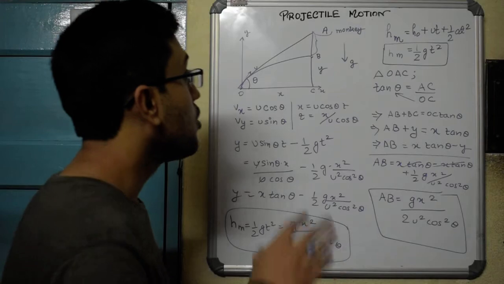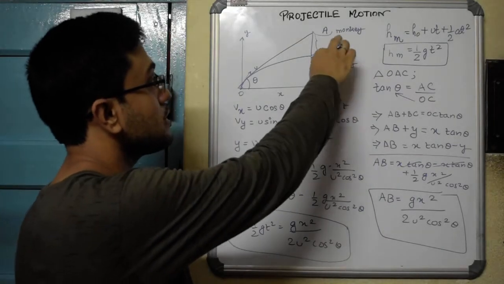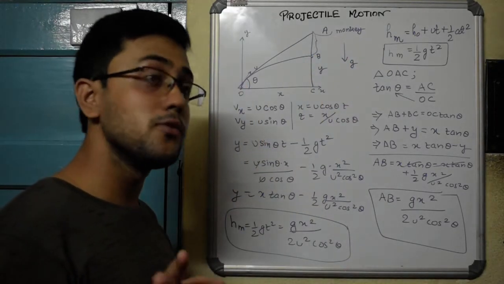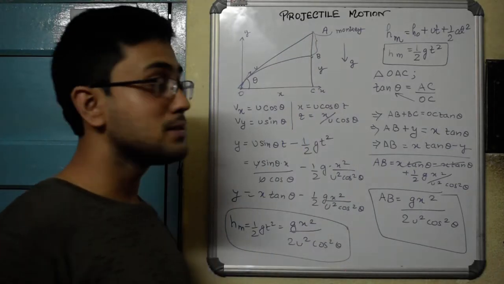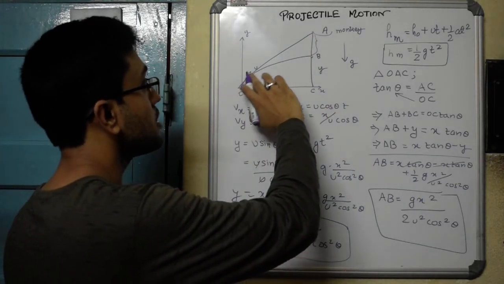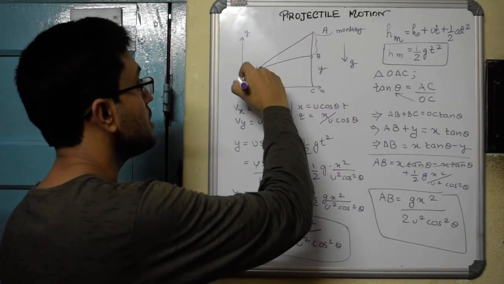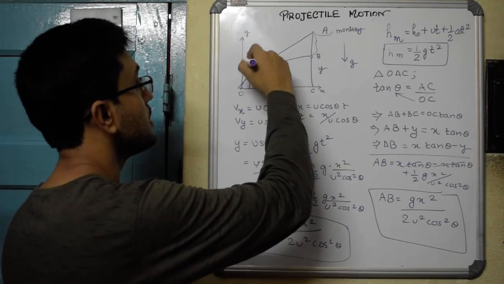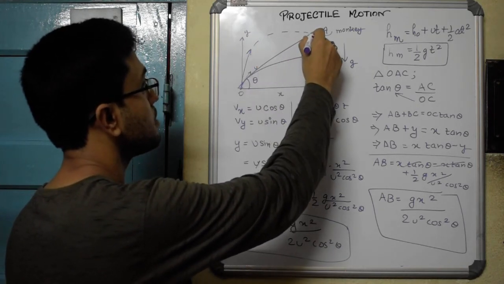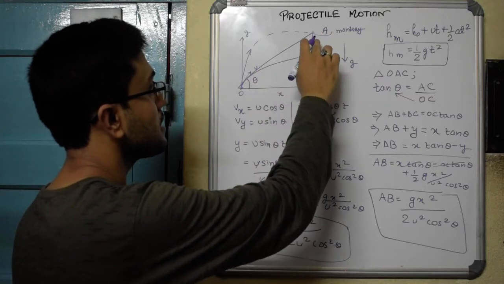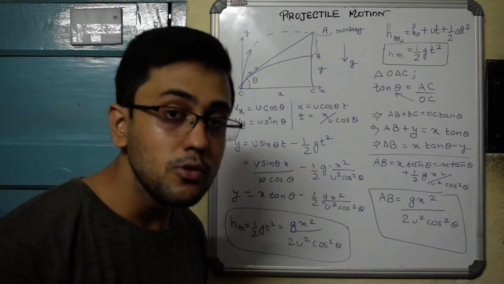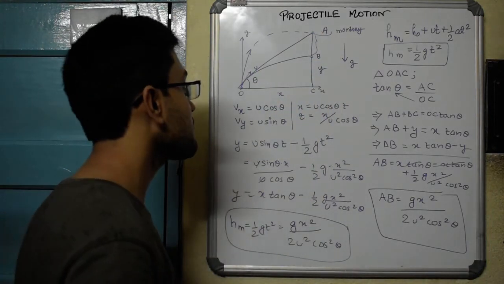So if you are wanting to hit the monkey such that the monkey does not move from its place, if you know that the monkey will remain seated at its place, you should not aim at the monkey, you should aim somewhere here. Then it will curve down and hit the monkey. If you aim exactly at the monkey and the monkey doesn't move, it will not hit the monkey.